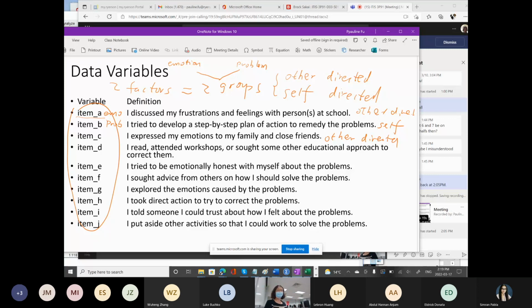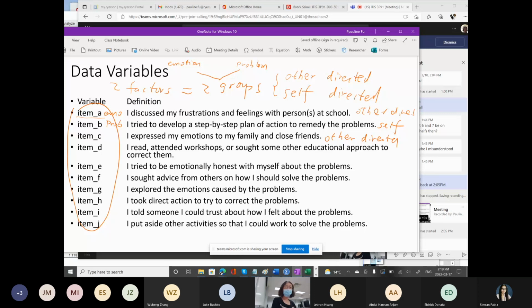Okay, so in lesson 38, we are going to discuss 2 possibilities. One, emotion-based, problem-based. Two, other directed, self-directed. Okay, so that is the overarching plan for lesson 38.